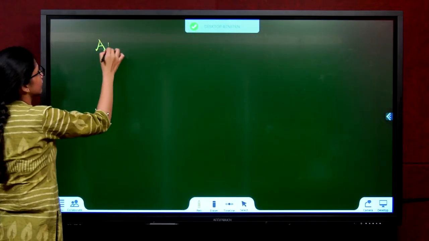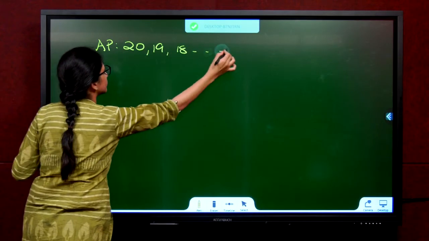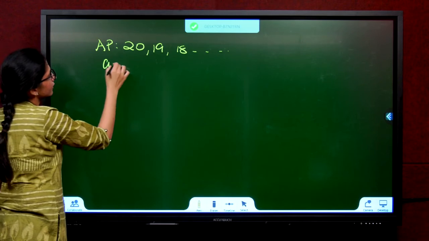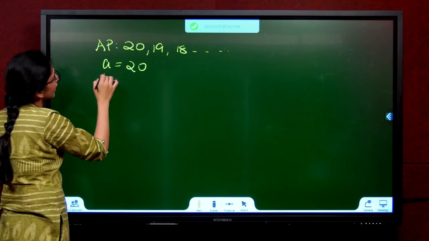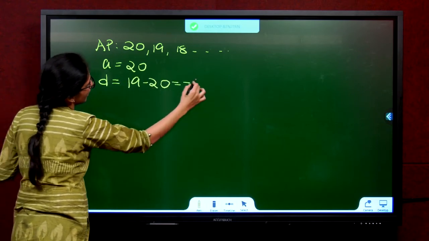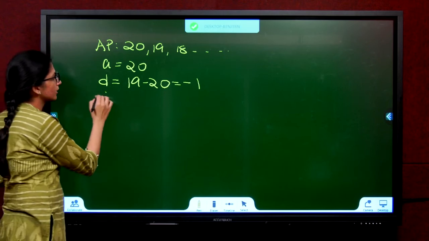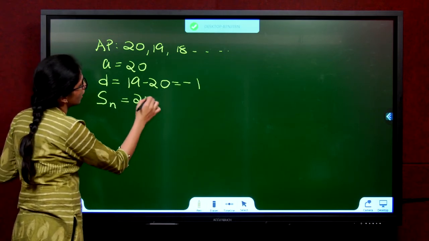AP is 20, 19, 18, so on. A given is 20. N we don't know. Value of D is 19 minus 20, minus 1. We know that the sum of n terms, there are how many logs totally? 200 logs.